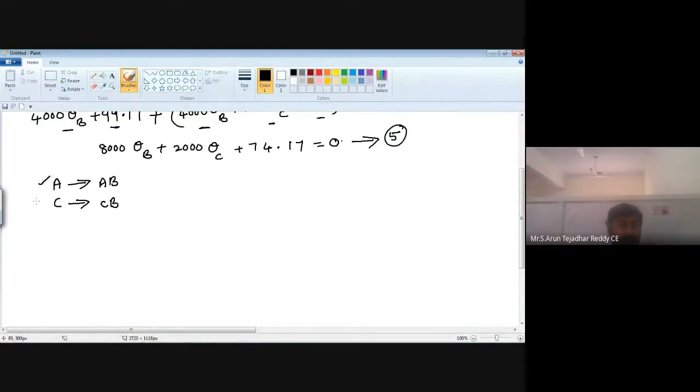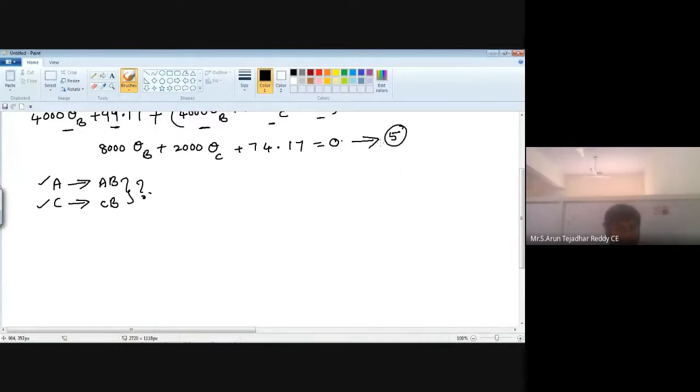But which joint is suitable for our problem? Is joint A suitable or is joint C suitable? Which one is suitable, AB or CB? Before that you need to check equation number 5.